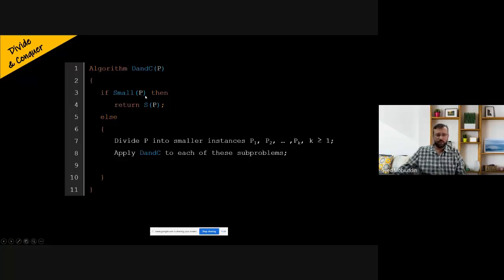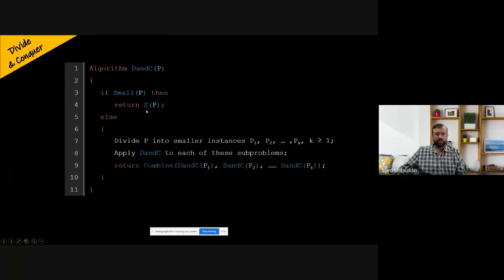If P1 is small, then we have the solution for P1. Else, again we try to divide P1 into smaller instances like P11, P12, P13, and so on, P1k. Once this recursive call is made, even P2 will have its recursive call till Pk.